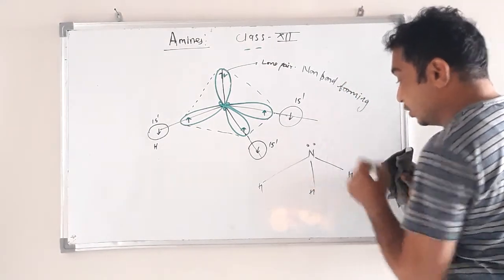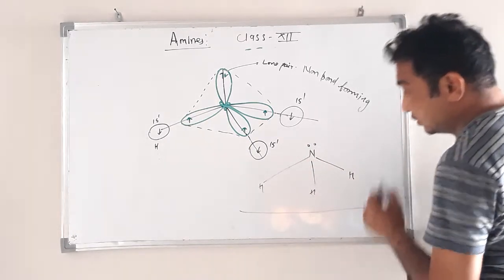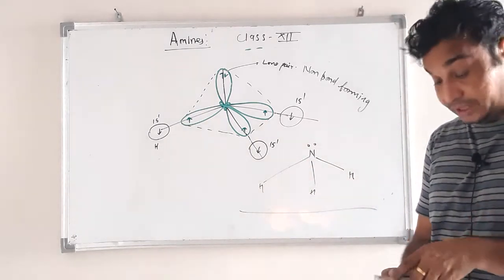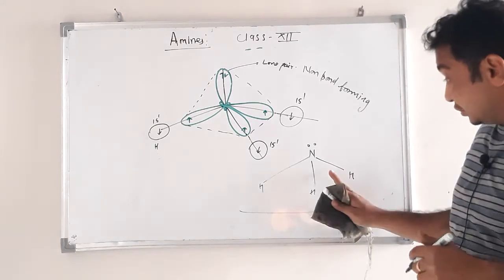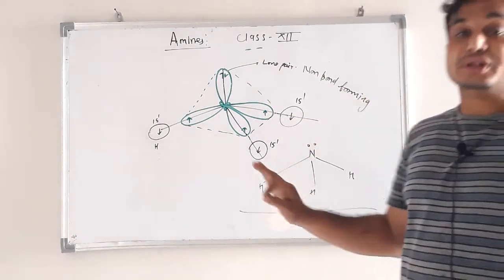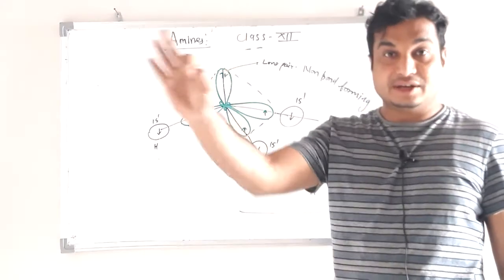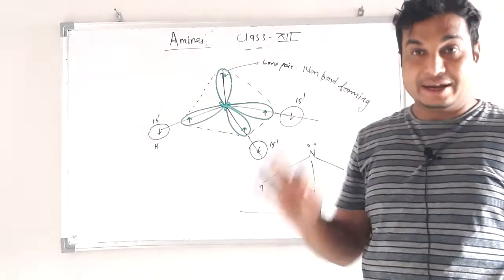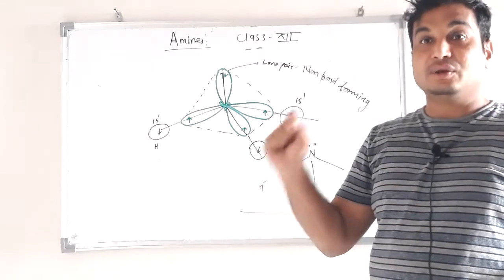This is the lone pair orbital and the shape is like this, called the pyramidal shape of nitrogen. So this is the structure of ammonia, nitrogen attached to 3 hydrogen atoms and nitrogen contains 1 lone pair of electrons.